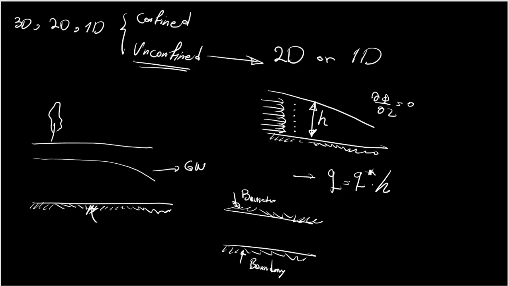What soil physics scientists do is consider the surface of the ground as a physical boundary.